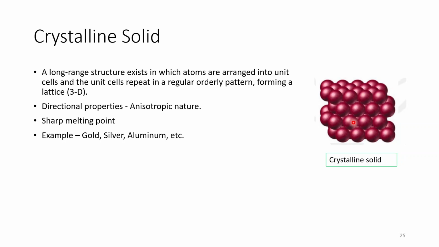Mechanical, optical and various other properties will be different in different directions. That's why these are anisotropic in nature. These crystalline solids have a sharp melting point, and examples include gold, silver, aluminium, various ceramics, etc.